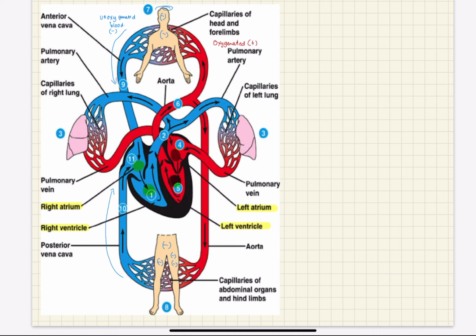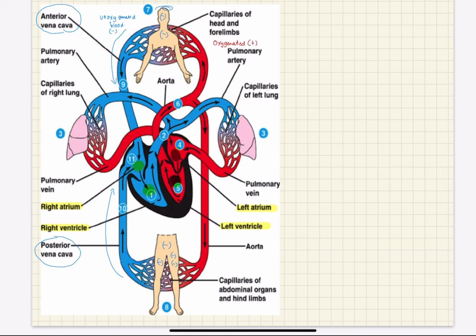Okay. Now, all of these veins, meron silang dadaanan na parang superhighway. And ito po yung tinatawag natin na anterior vena cava pag yung mga veins na yon ay galing sa upper part of the body. And then, pag yung mga veins naman, magmi-meet doon sa posterior vena cava.